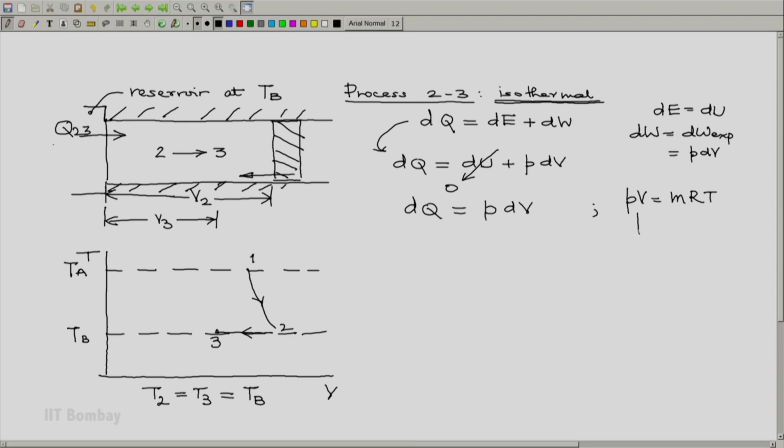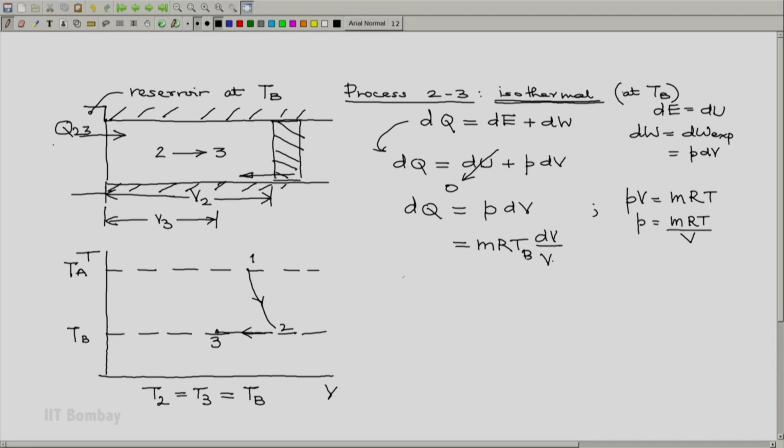So we will write P equals mRT by V, and this expression then reduces to mRT dV by V. And notice that throughout this process the temperature is Tb, hence we may as well write Tb here.